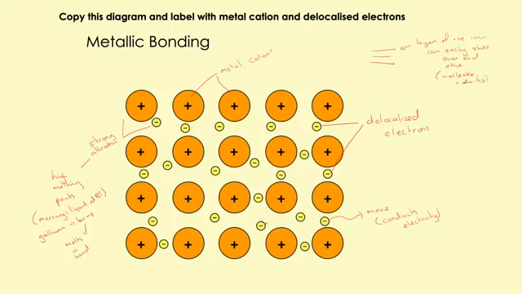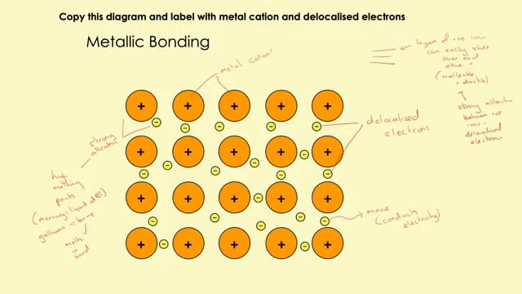So not only can they slide over each other, but there's also the strong attraction between the positive ions and the delocalized electrons. That holds it in place when it happens, so it doesn't fall apart while the layers are sliding over each other, because you've still got a strong attraction between the positive ions and the delocalized electrons.